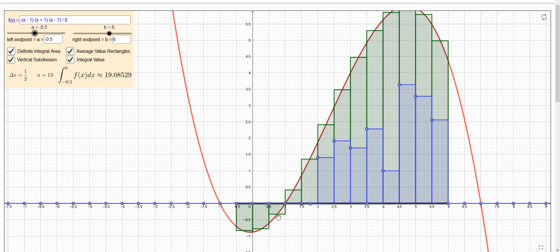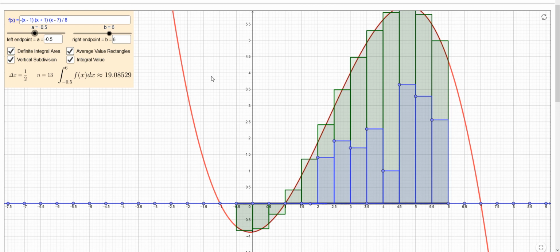We're actually taking the y value at this point, in this case the bottom of the rectangle rather than the top, where it meets that curve, and we're looking at its y value, which is a negative number. So these areas here are going to subtract from the integral, whereas these over here, where it's above the x-axis, are going to add to the integral.